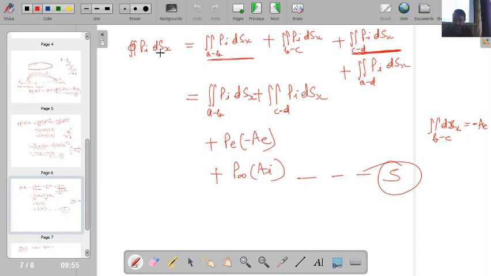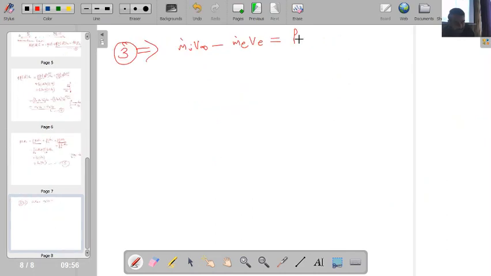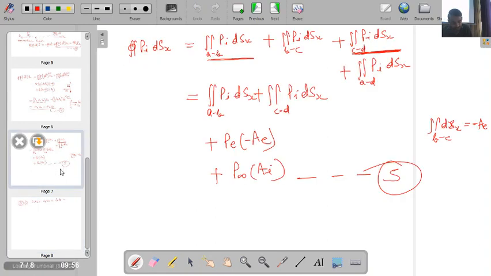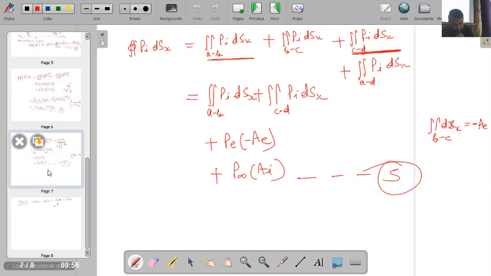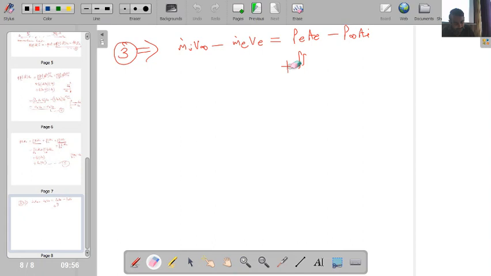Minus of this will carry a negative sign, so this becomes positive PE AE minus P infinity AI, and then minus the double integral A to B pi ds x, minus the double integral C to D pi ds x. So this is equation number 3.